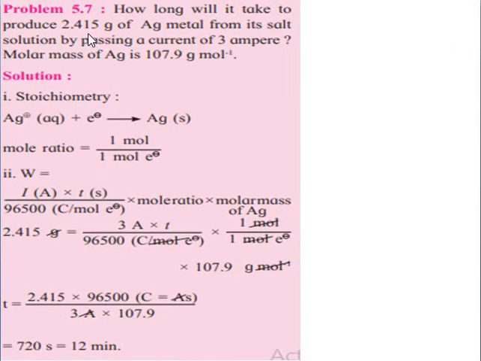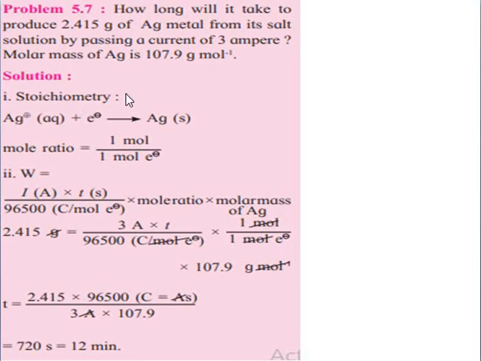Second, numerical problem 5.7. How long will it take to produce 2.415 grams of silver metal from a silver salt solution by passing a current of 3 ampere? The molar mass of silver is 107.9 grams per mole.